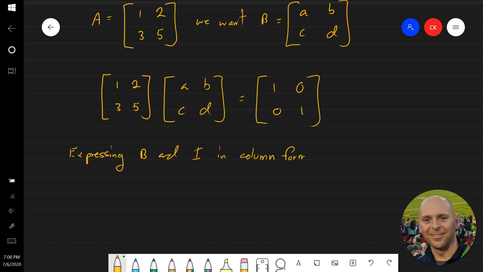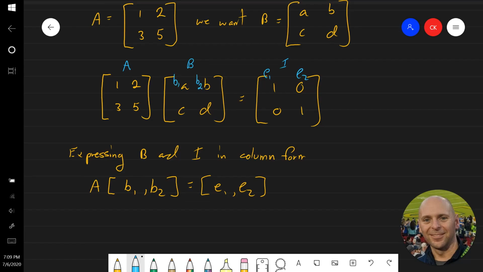So this is our alternative definition of multiplication. A times B1, B2 equals E1, E2. So this is just looking at the matrix A, and then we're calling this matrix B, and then this is I. But within I, you have E1 and E2, and this is going to be B1 and B2.